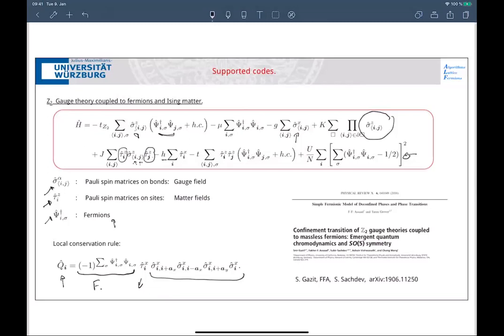Let me work in a basis where the sigmas are in the x direction. Every time I hop an electron from I to J, I have to flip this bond field, because the sigma z will flip the sigma x. That means that this will change sign, but this will also change sign. The same thing happens here for the fermion hopping. As soon as I take away an electron from site I, I also have to automatically apply a tau z.